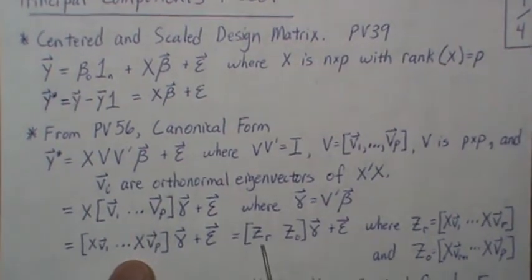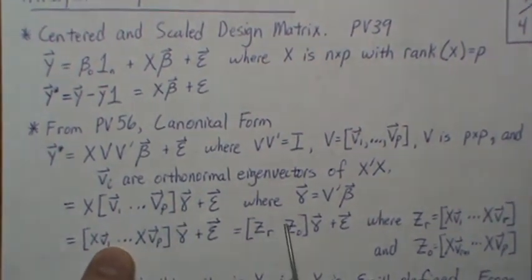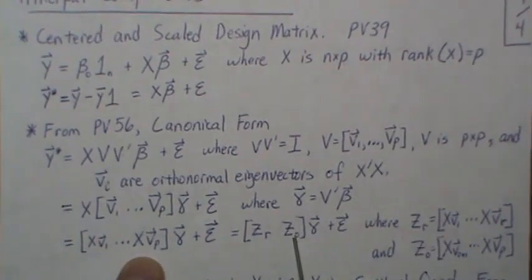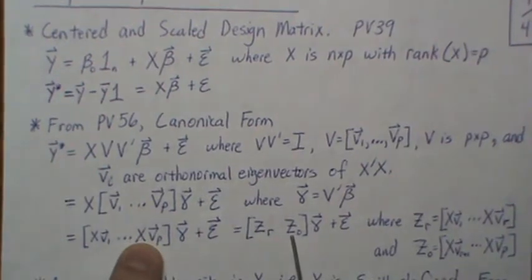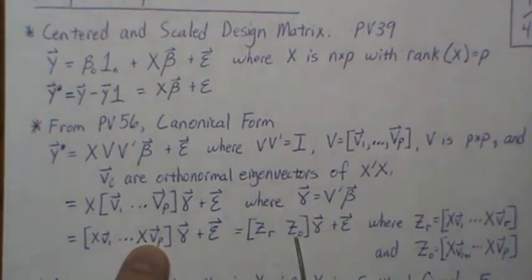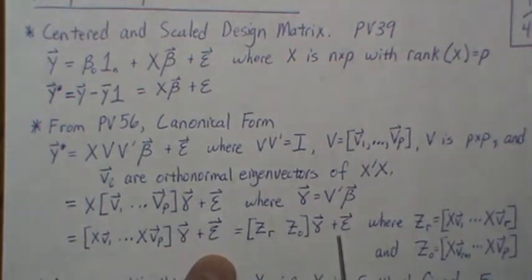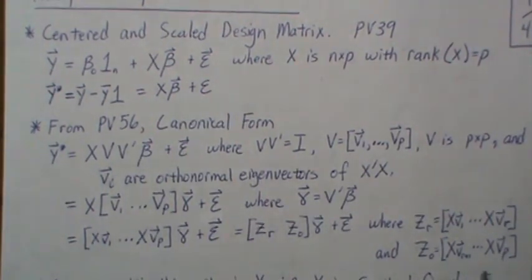We're going to call them Z_r, where the r stands for the first r vectors, and C_0 is the last. The 0 represents that all these other columns have length very close to 0, and that'll make more sense in a second. Then gamma, epsilon, and again, Z_r is the first r columns, and C_0 is the last p minus r.